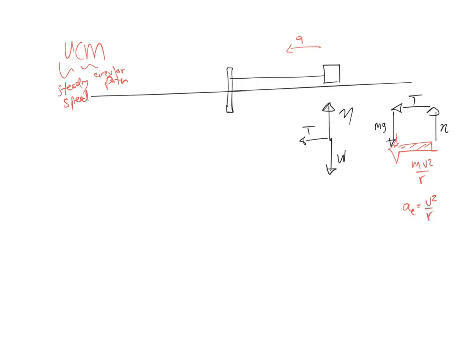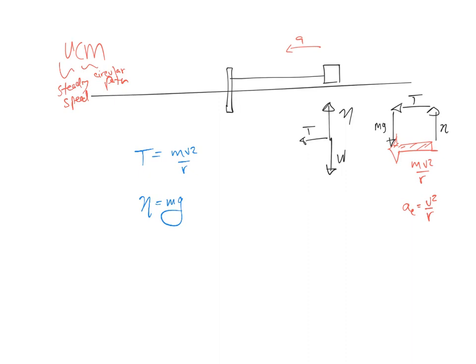That's why our ma is mv squared over r. So you've got tension equals mv squared over r, and you've got normal equals mg. That's all we can say from that.